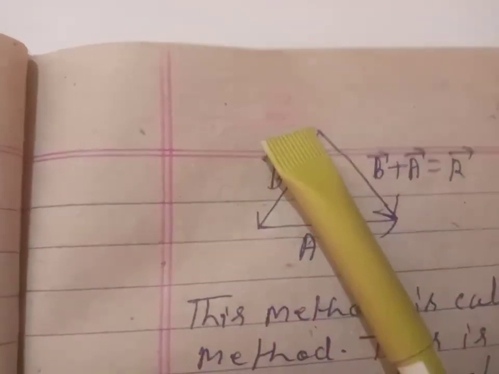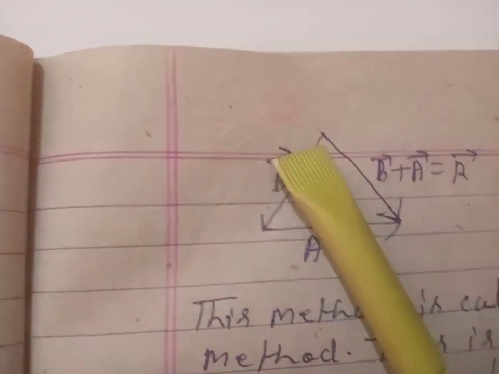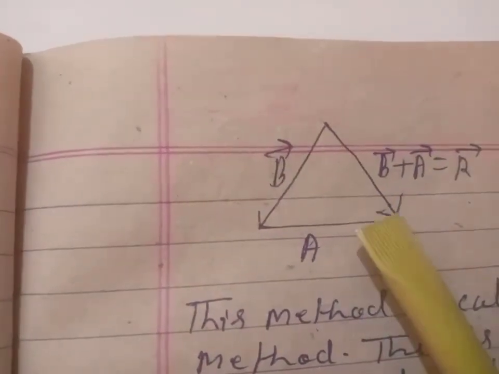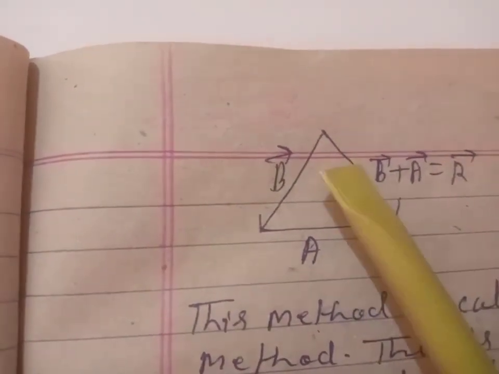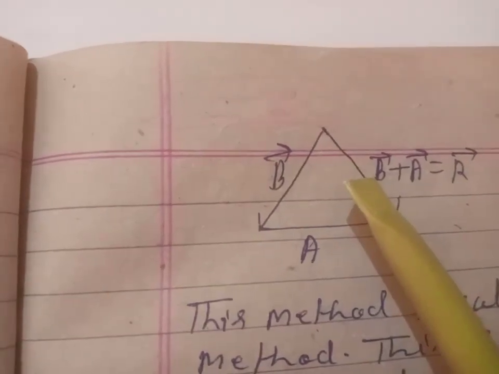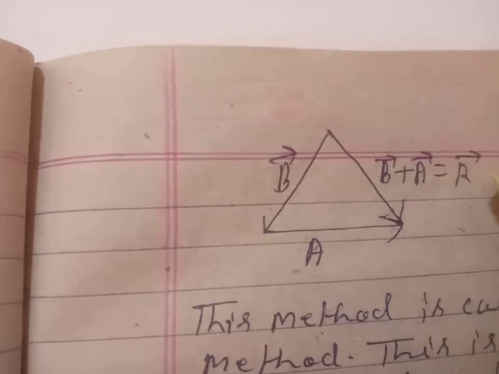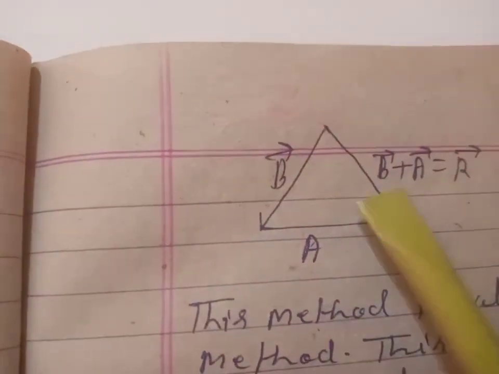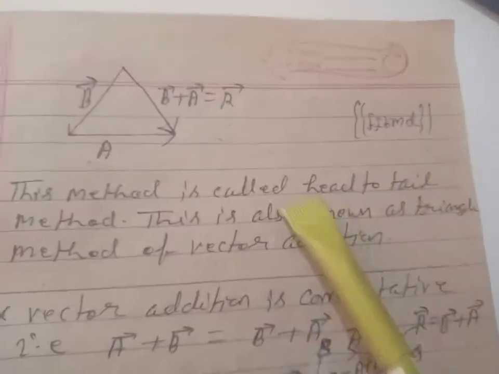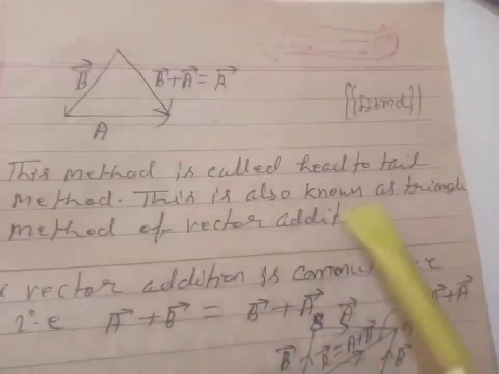Now we draw a line from the tail of B vector to the head of A vector, and this vector represents the resultant of B and A, that is R equals B plus A. This method is called the head to tail method. This is also known as the triangle method of vector addition.